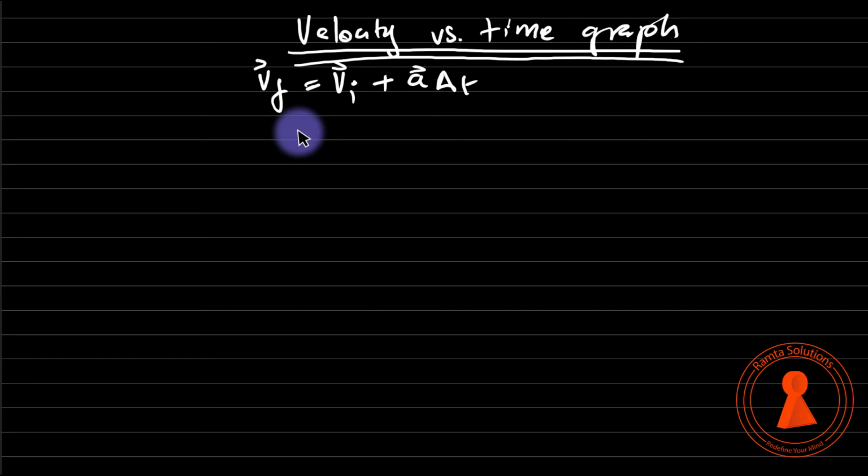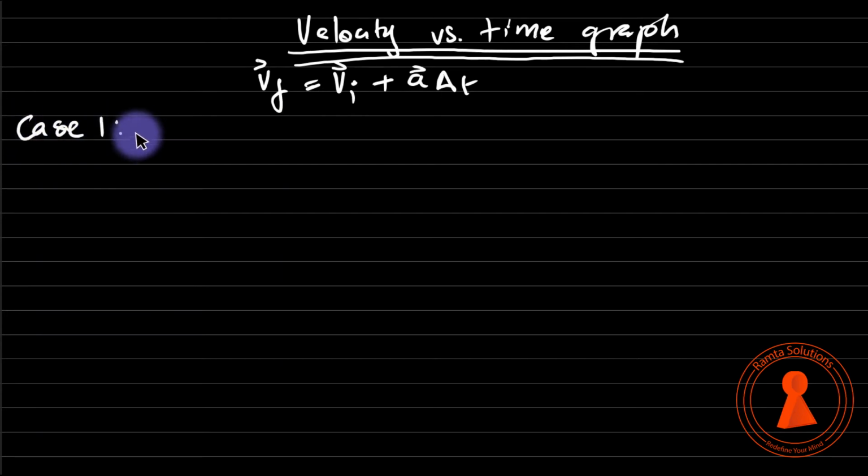We will be having about 4 cases where I will try to help you understand how to draw the graphs and how to interpret them as well. So without any waste of time, let's look at case 1.